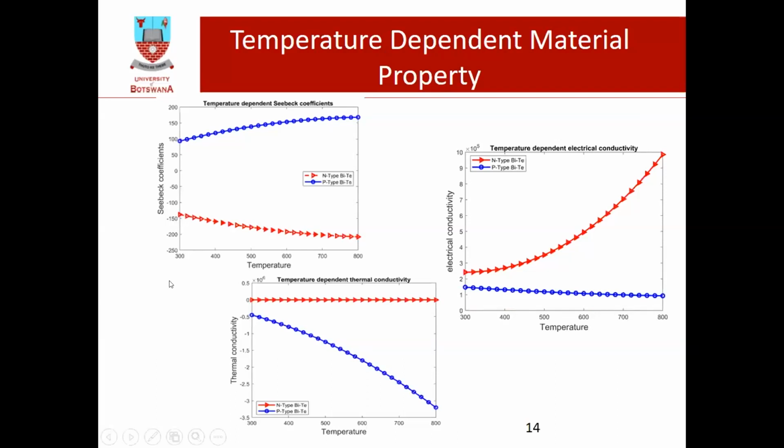And you can see that through the range of operation for the temperature from 300 kelvin to 800 kelvin, the material does not behave linearly, or it changes with increase in the temperature, which is one of the important factors that affect the performances which we are to discuss.